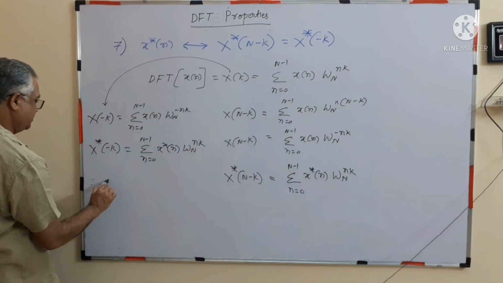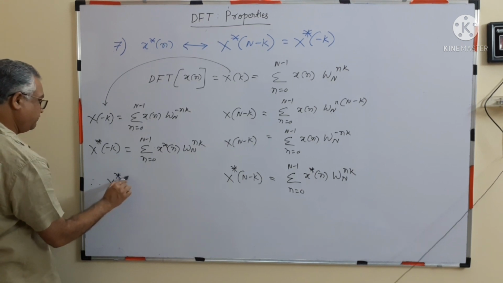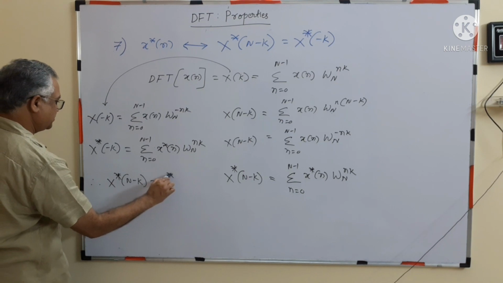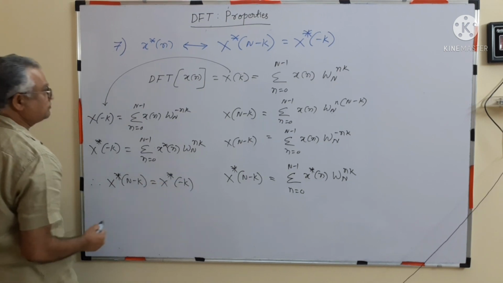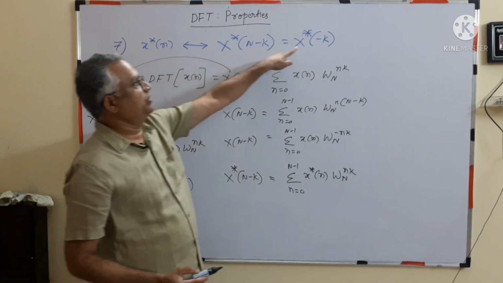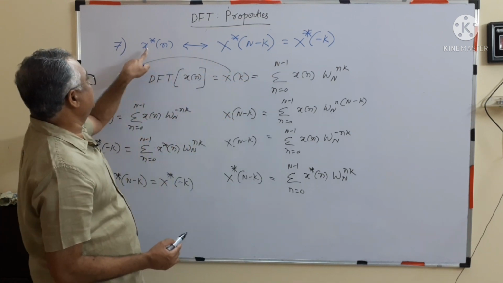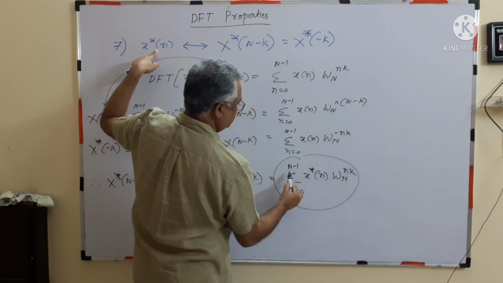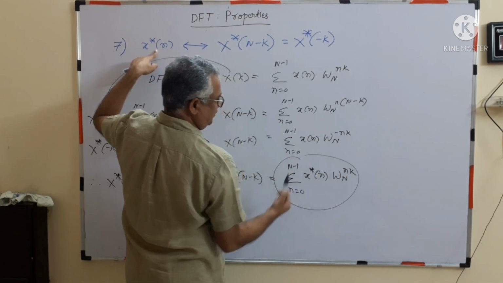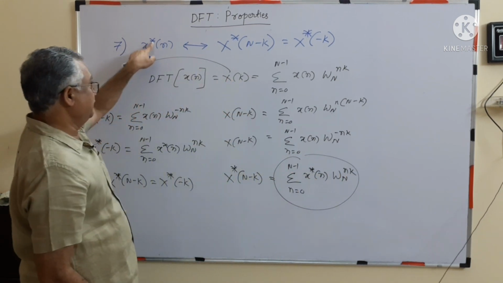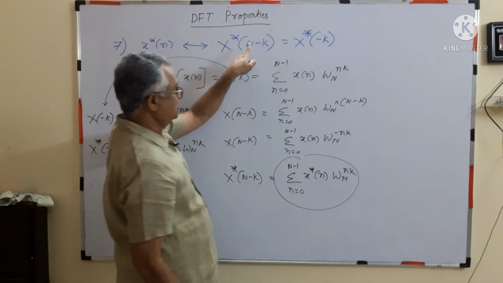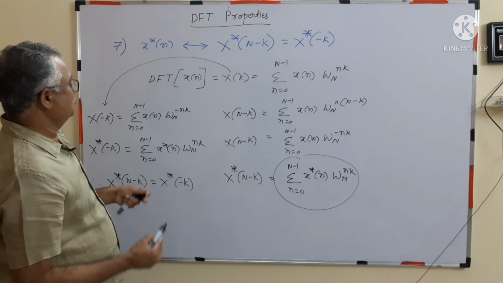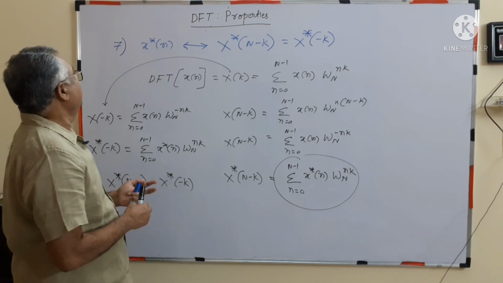Therefore, X star of N minus k equal to X star of minus k. This proof is done, and this is equal to the DFT of x star of n. What is this one? It is like the DFT formula for x star of n. So the DFT of x star of n equals this. This is the same as this. So like this we can prove the property.